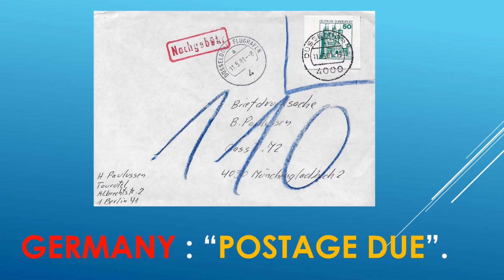This particular cover was illegally franked right here and indicated by this marking of a blue crayon. Even in earlier mailings, they may have used a different color, maybe red or orange, but in any event, when you see this type of marking, that means that particular item is not valid for postage.